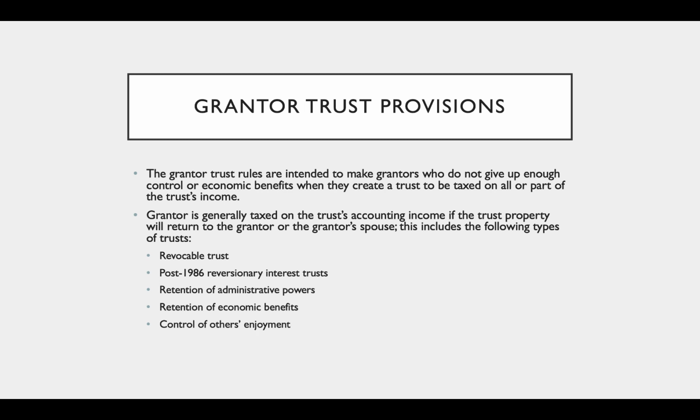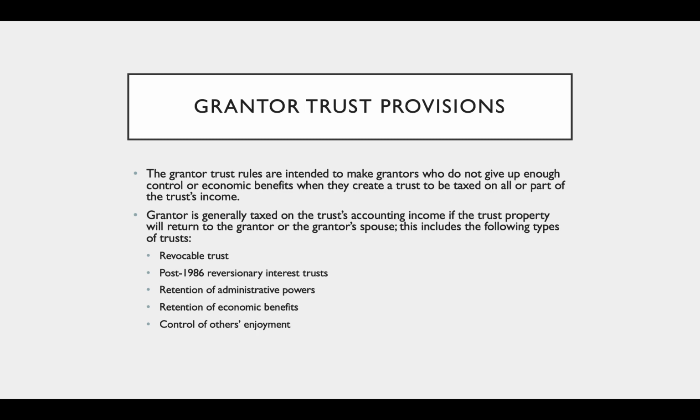This includes the following types of trust. A revocable trust, so if it's going to be revoked and the income and the principal is going to revert back to the grantor. A post-1986 reversionary interest trust. Here, if the grantor holds the reversionary interest, so when the trust terminates, the property reverts back to the person who holds the reversionary power, then it's going to be taxable to the grantor.